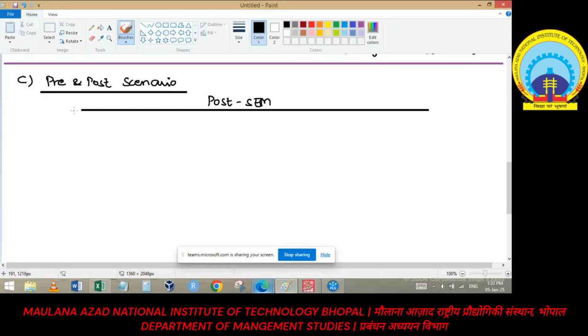The various techniques we can apply after SAM is SAM plus ANN. It is called artificial neural network. A technique from machine learning, artificial neural network, ANN. It's available in SPSS, no specialized software is required.